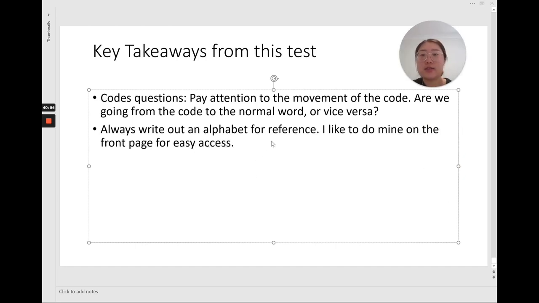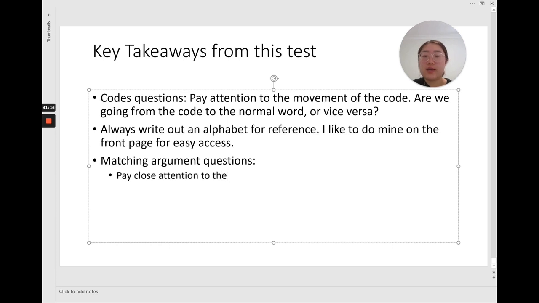And let's do some other takeaways. Let's talk about the matching argument questions. The parallel argument, those ones, okay? Pay close attention to the conjunctions, okay, or linking words.